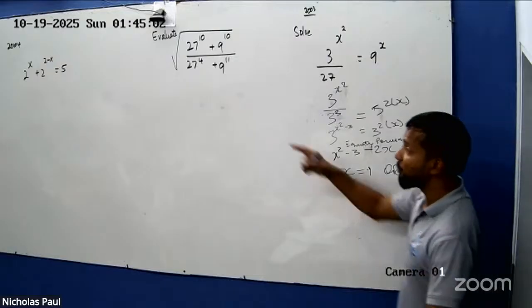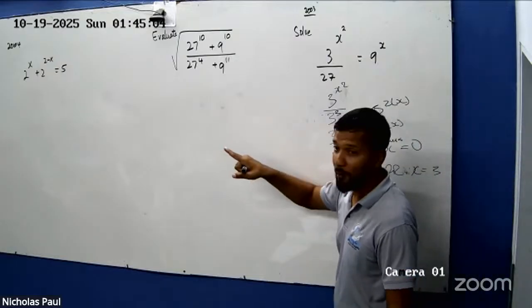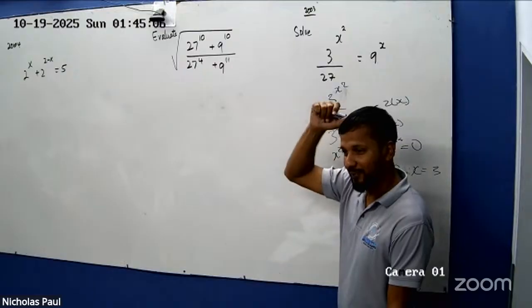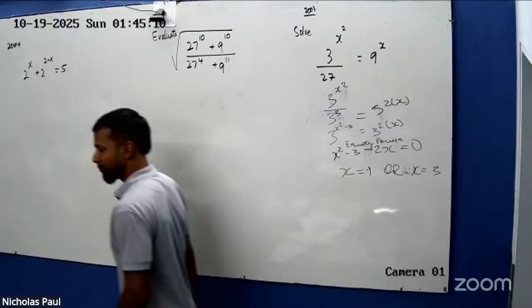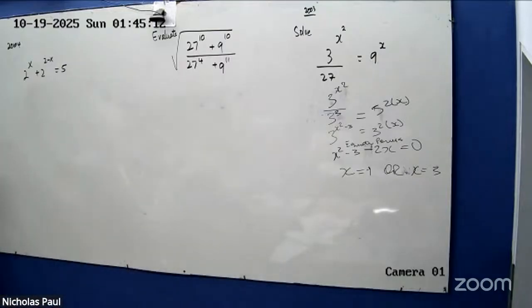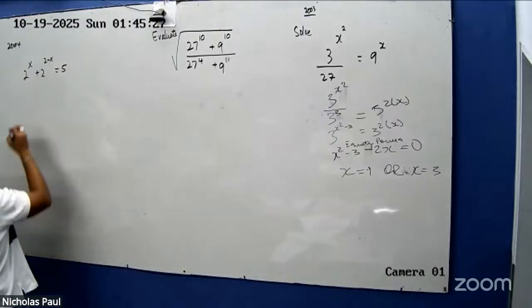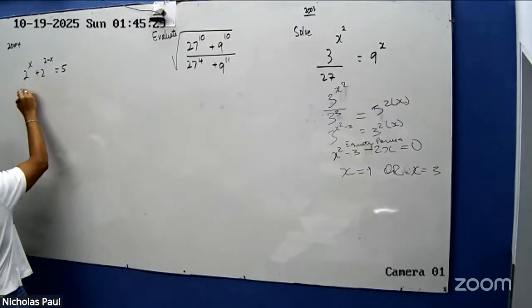Right, next one, 2004. Who wants to come there? Who wants to come and try this one? Right, so this one here. So you have to say this is not quadratic, right?